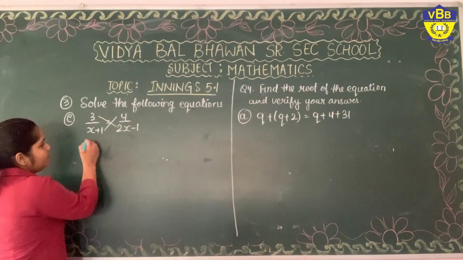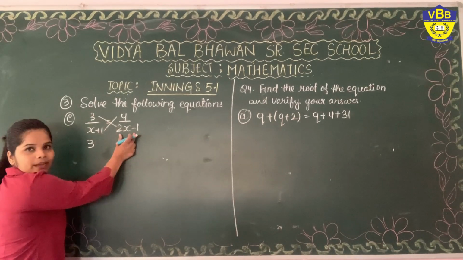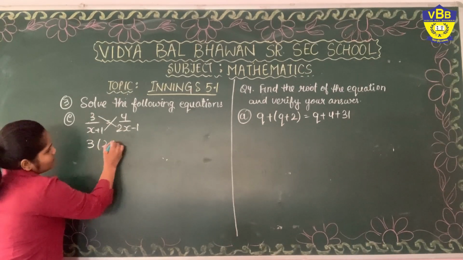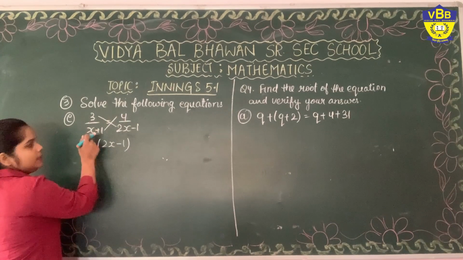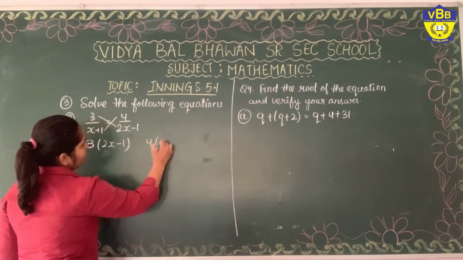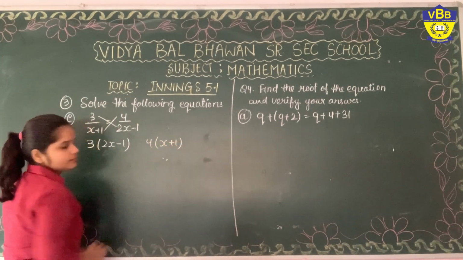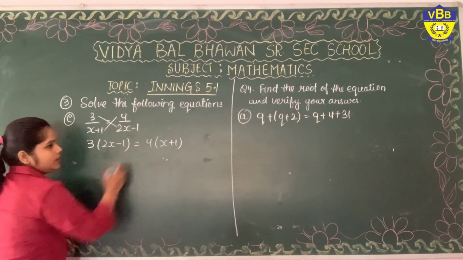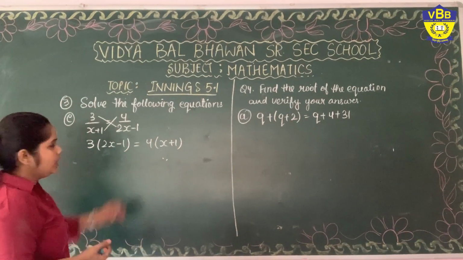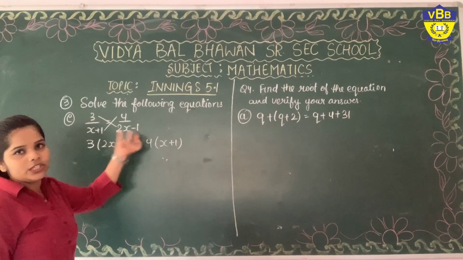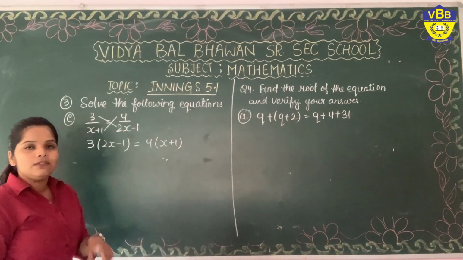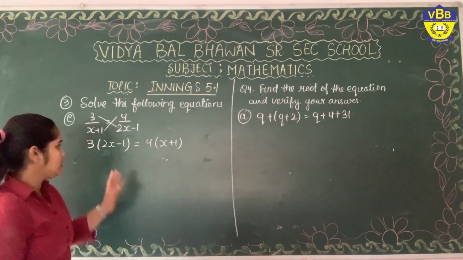Writing the statement, it will become 3 multiplied by 2x minus 1, and 4 multiplied by x plus 1, and putting the sign of equality in between them. If this type of question is there, what should be our first step? Do the cross multiplication.